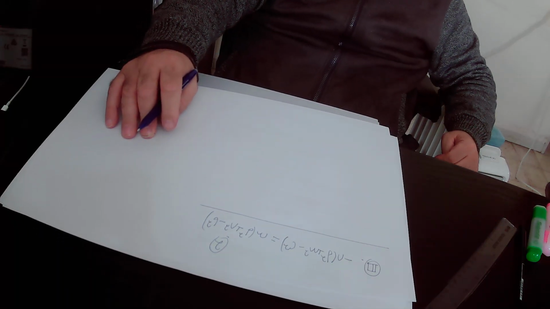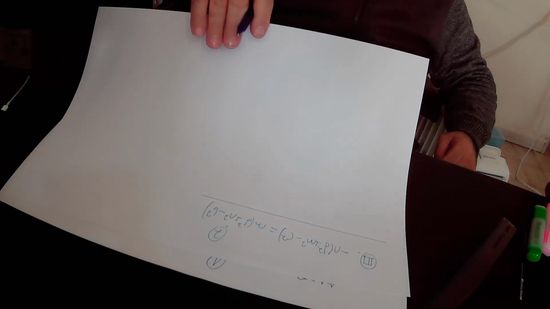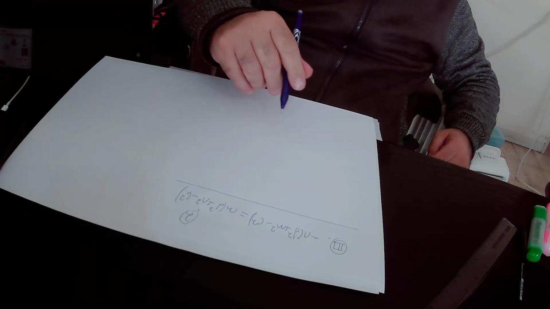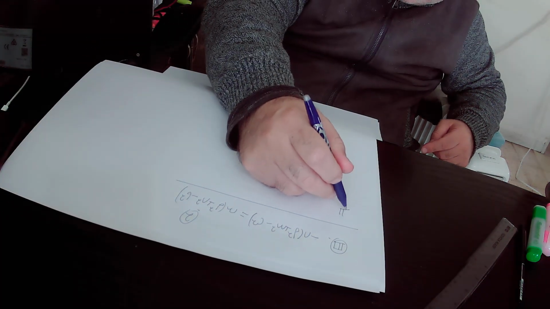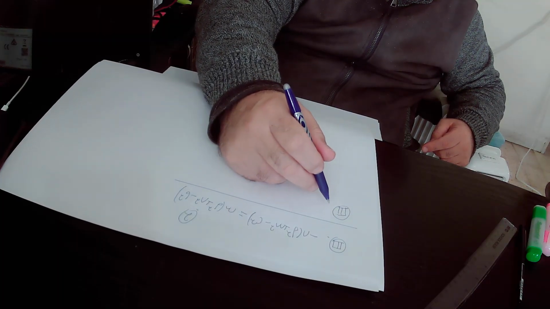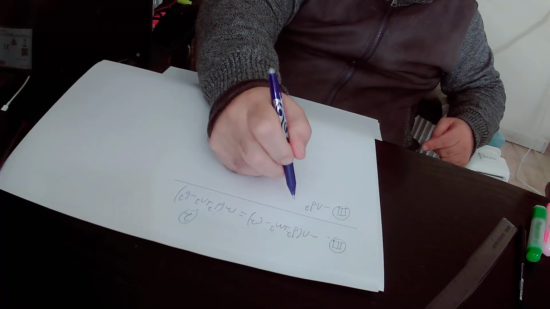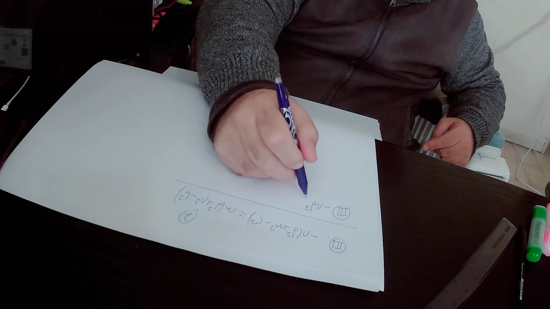In the next step we'll open the brackets on both sides of this equation number 3, and we'll get that minus n times d squared is minus n d squared, minus n times m squared is minus nm squared.